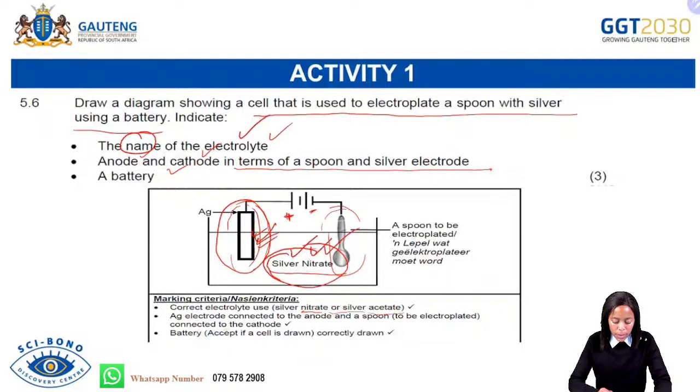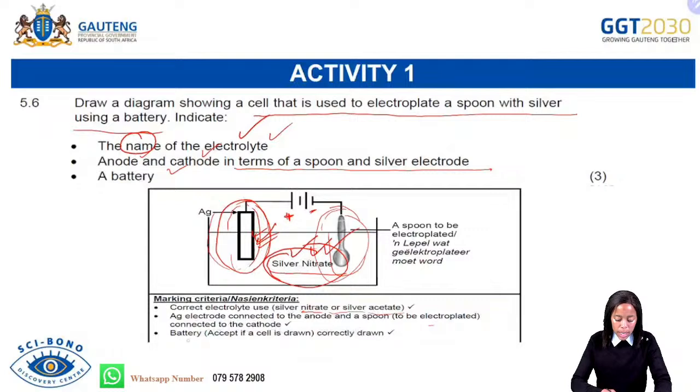And then it says silver electrode connected to the anode. Because remember we said that if we want to plate with silver, then the silver needs to be connected to the anode. And it says a spoon to be electroplated. So whatever we are going to electroplate will be connected to the cathode.